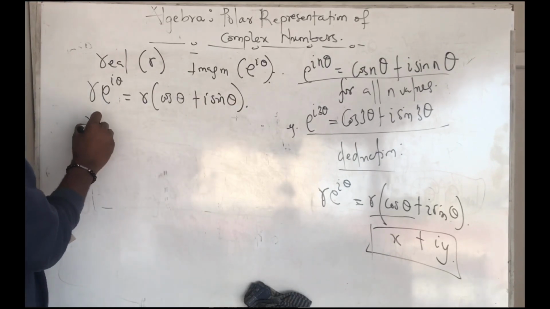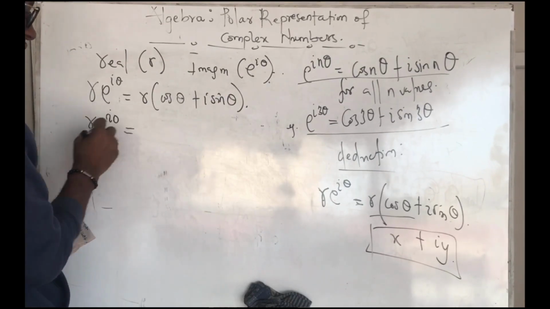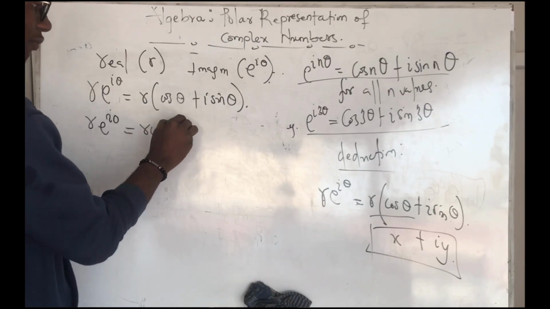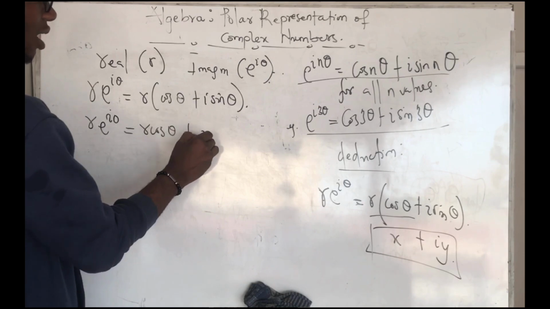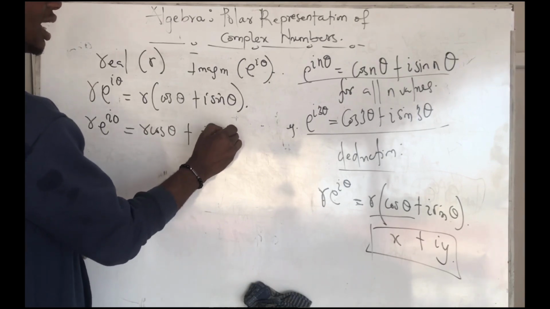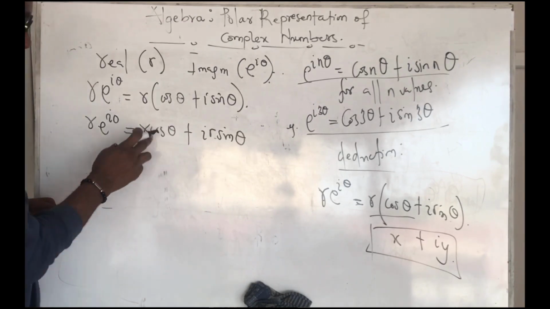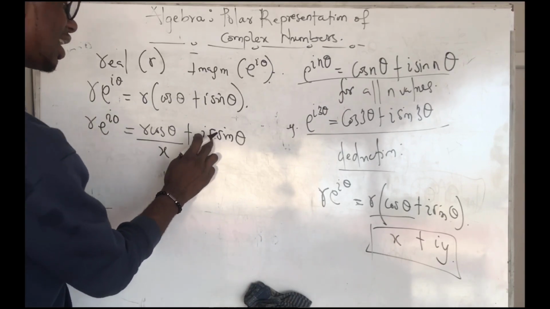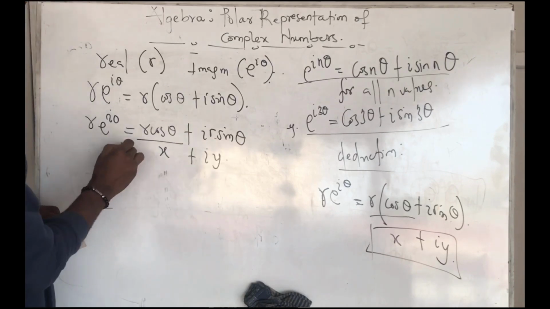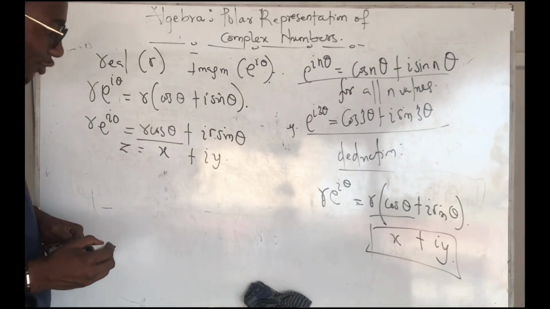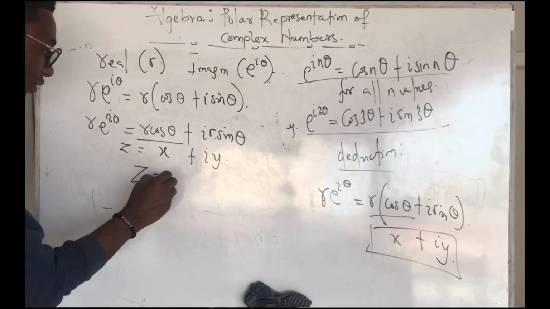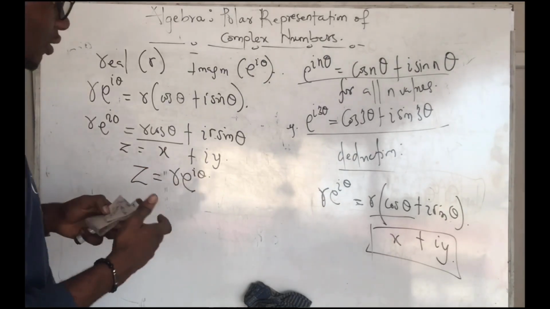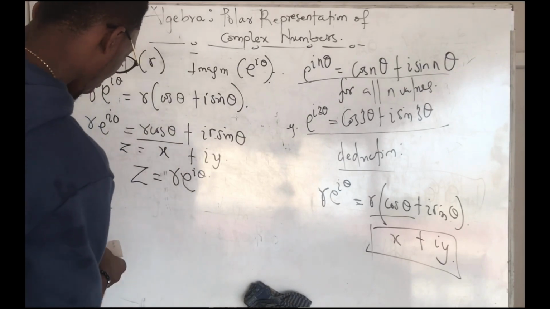When we expand it, we get r cos theta plus i r sine theta. Because of the real part, r cos theta becomes x plus i, and r sine theta becomes our y, and this is equal to our complex number. Therefore, z is equal to r e to the i theta.